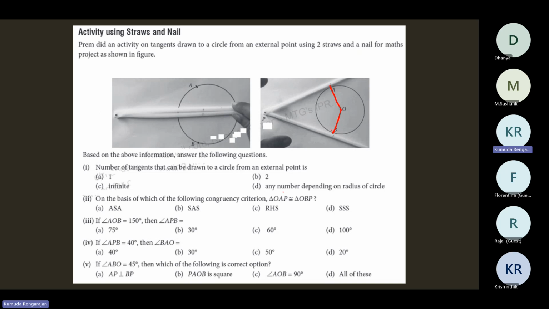What have you selected? Danya? D, all of these. Okay. So AP is perpendicular to BP. This one is 90. Oh, sorry. ABO is 45.